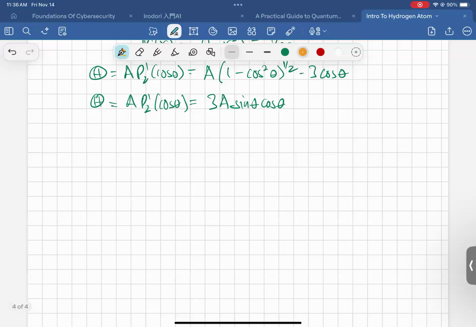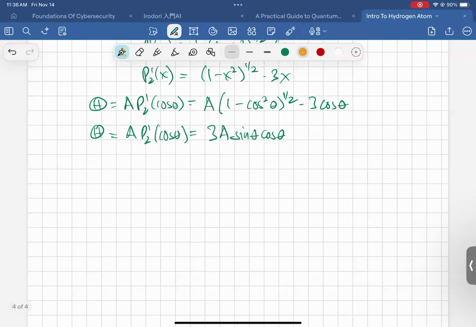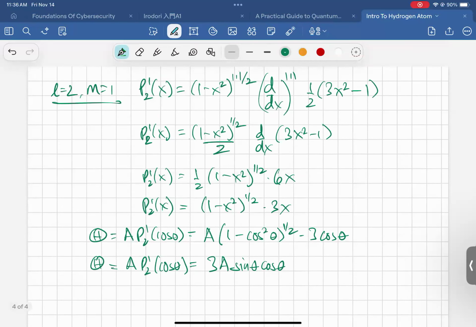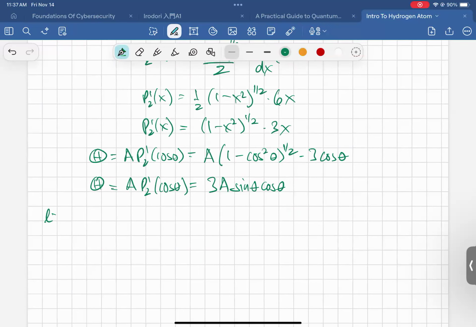Okay, now let's evaluate P22. So ibig sabihin, L equals 2, M equals 2.